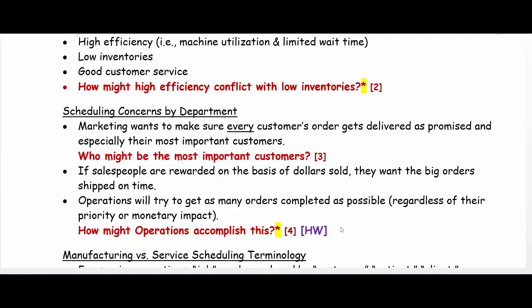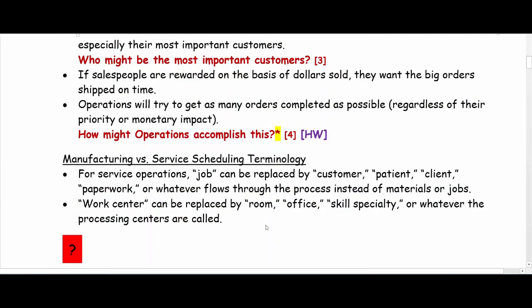Operations would focus on the ones that you can get done the fastest and you have the material for, even if it wasn't what was most pressing.